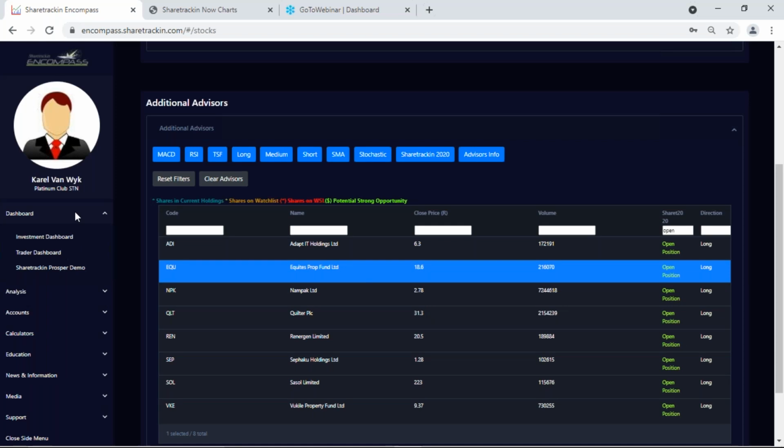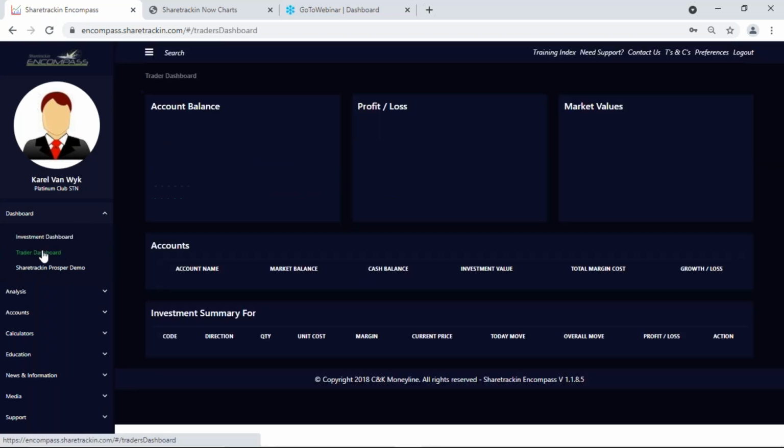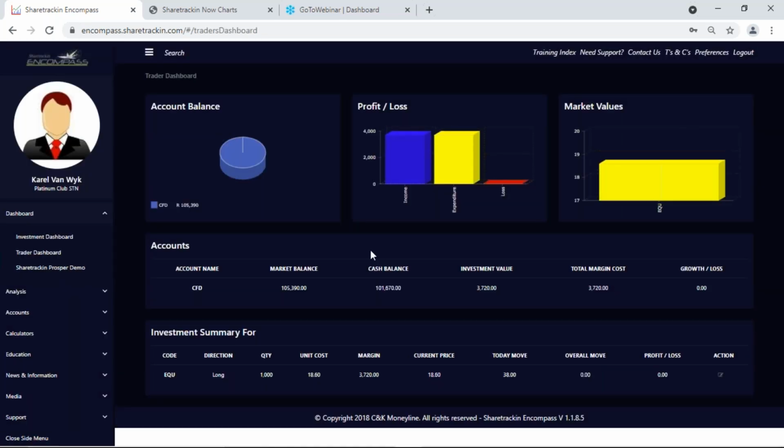If I then go to my trader dashboard, there is EQU. Obviously, I'm starting on a 0 because we don't have brokerage fees in yet. We're still busy on the developing side of the brokerage fees.